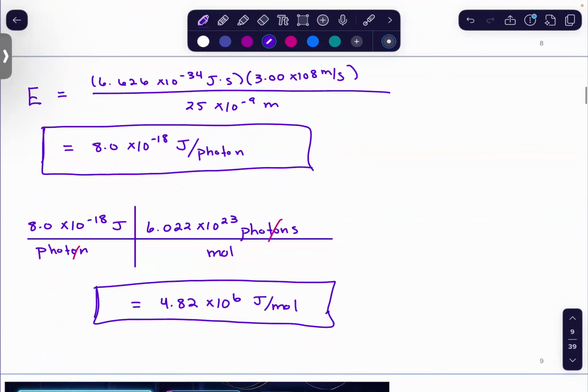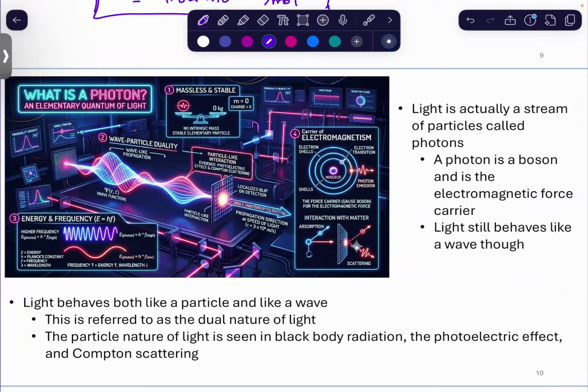I did put it in here. What is a photon? We talked about how light is actually a stream of these particles, a stream of these photons. I tried to come up with an image here to start getting an idea across to you. When we're dealing with quantum mechanics, we have what's called wave-particle duality. That's why I said photons are like a packet of waves.